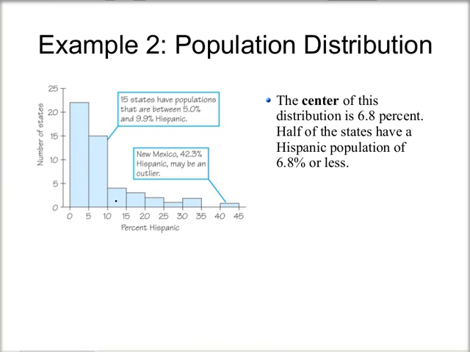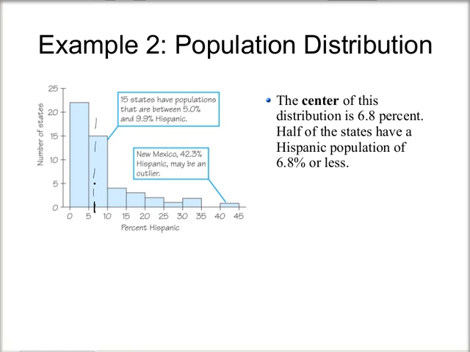And it turns out that the center of the distribution is 6.8%. So if I look at all of the states, half of them have a Hispanic population of 6.8% or less, and half of them have a population of more than 6.8%. So that's about here on my graph, and that's about where I thought it would be.